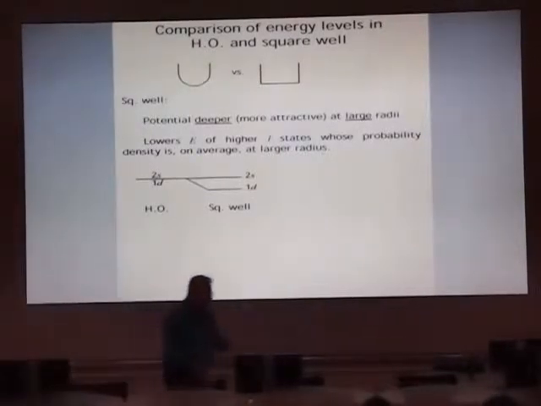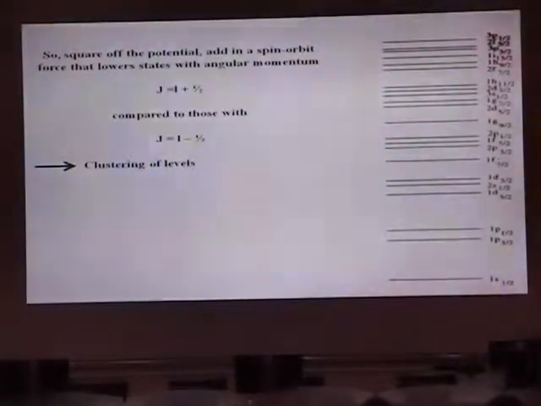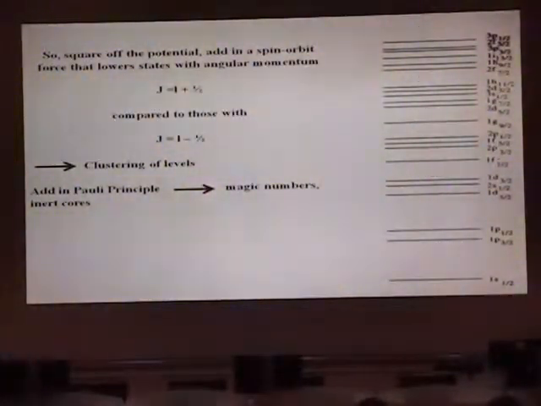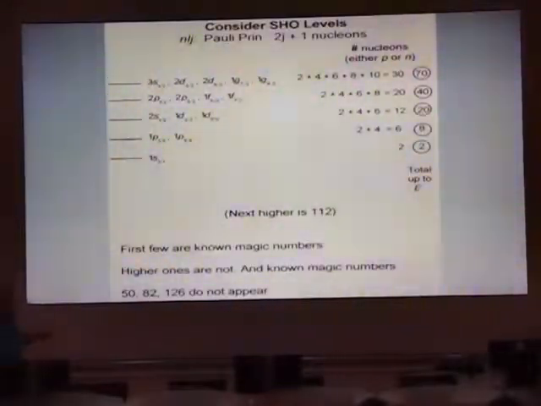This business of squaring off the potential well so that the higher angular momentum comes lower helps, but it doesn't really help enough. You really need spin orbit. Remember we had 2, 8, 20, 40, and 70.